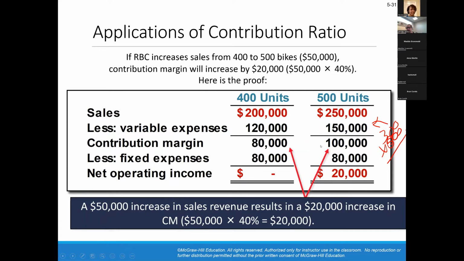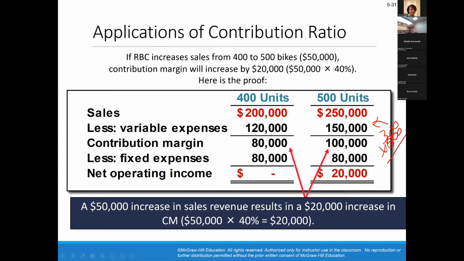But you can also calculate that out without doing all of this. You can say, okay, 40% is my contribution margin ratio, and I'm going to multiply by my additional sales, which is 50,000, and that is going to be 20,000 that I'm going to increase my net operating income. So now I have net operating income of 20,000 instead of my break even and having zero profit.